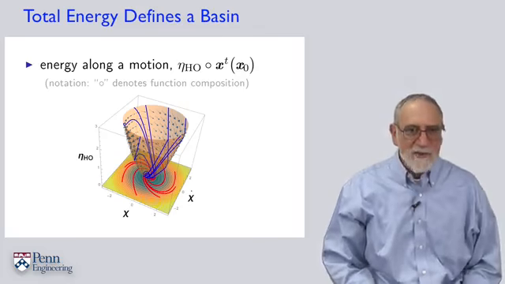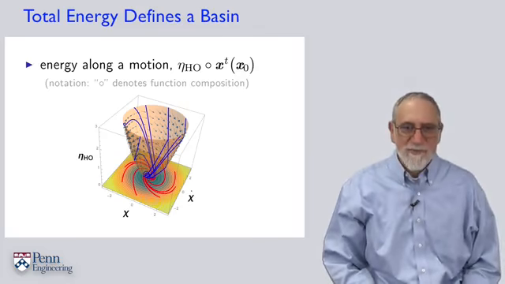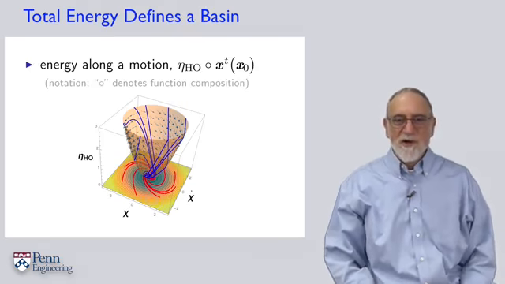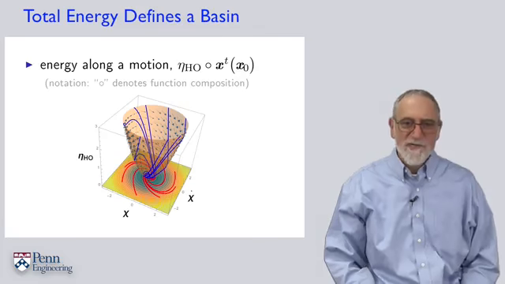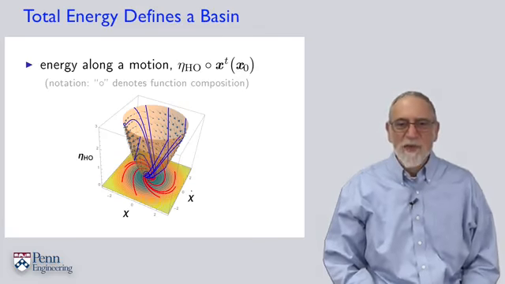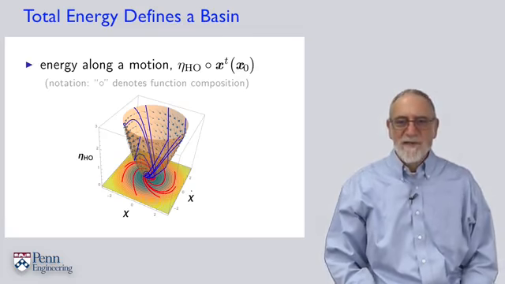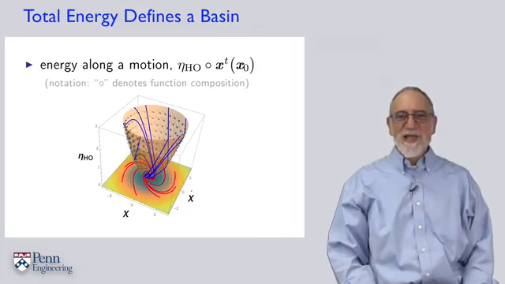We are now going to take Lord Kelvin's idea and look at the rate of change of energy along the motions, and we're going to realize that geometrically, because the total energy serves as a norm, we can interpret Lord Kelvin's idea as defining a basin where particles are collected at the low energy state.